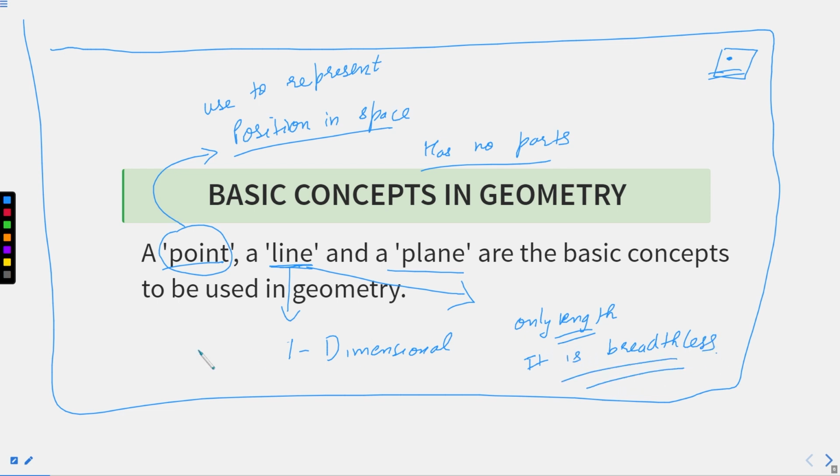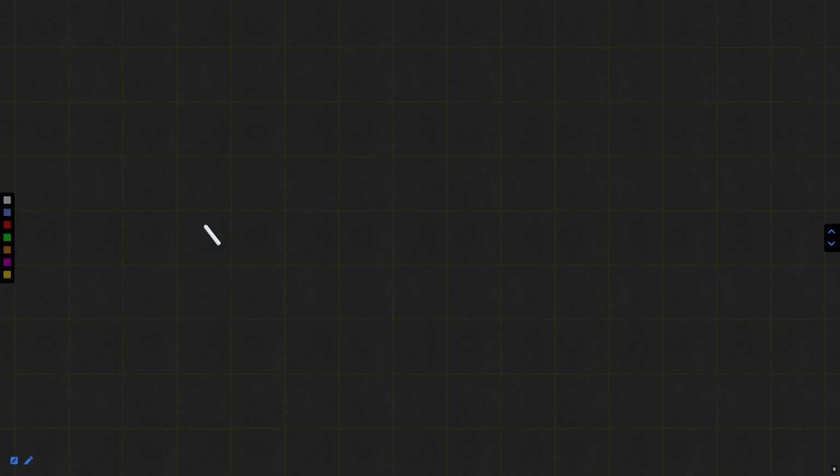What I mean by that is, here is a line, and it keeps going forever and forever. A line never stops. I can't keep drawing it because it doesn't stop, so I just put an arrow to show that it is going to the left, and this way it is going to the right. It is not stopping.